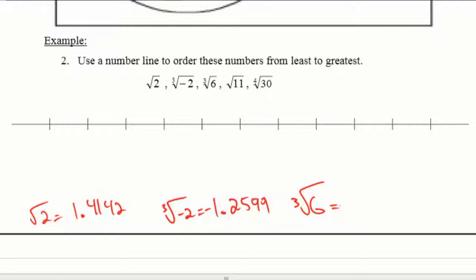I end up with 1.8171. Square root of 11, 3.3. And the last one is the fourth root of 30.